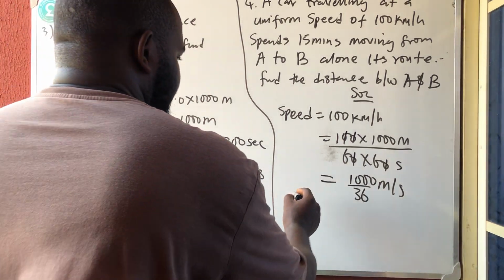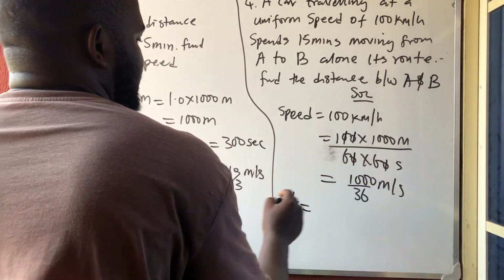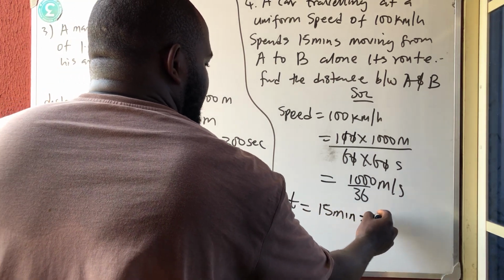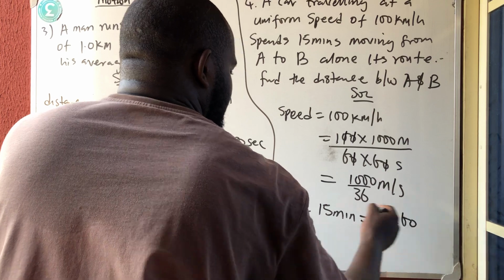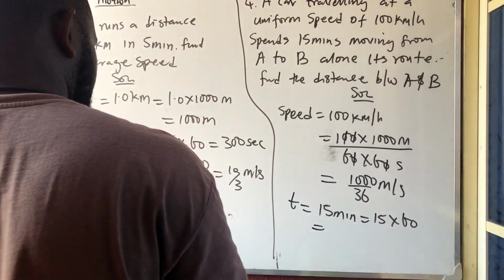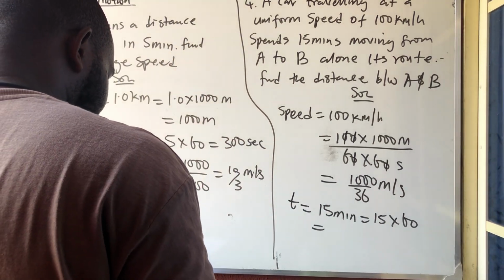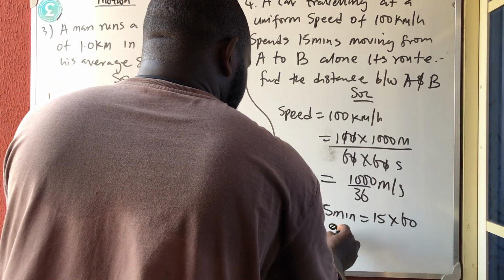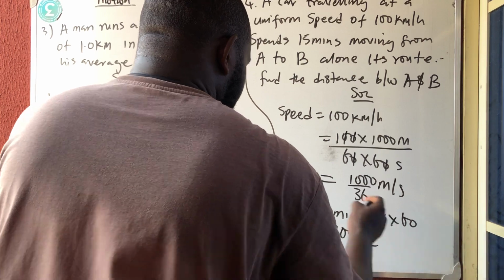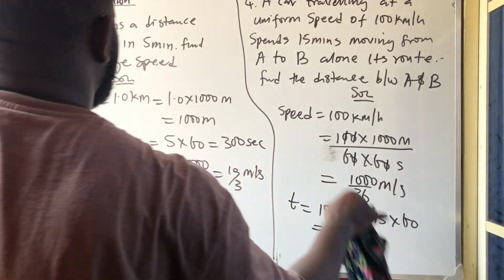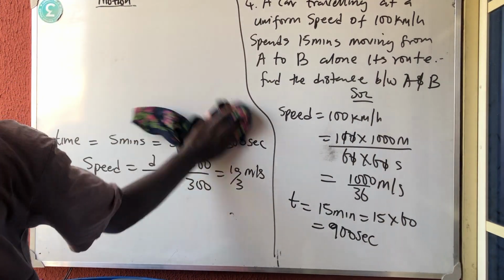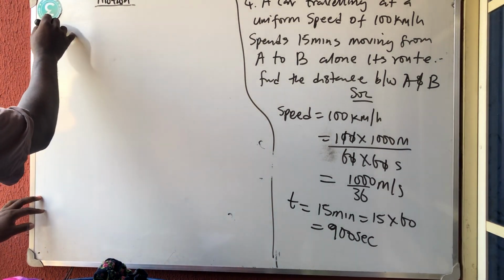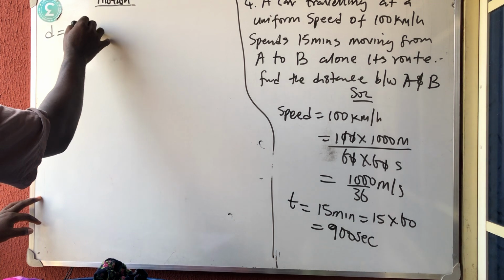Then the time they gave us is 15 minutes, which is 15 times 60 to convert it to seconds, so I'm having 900 seconds. To get what I'm asked to find, they say I should find the distance. I know that distance is speed times time.